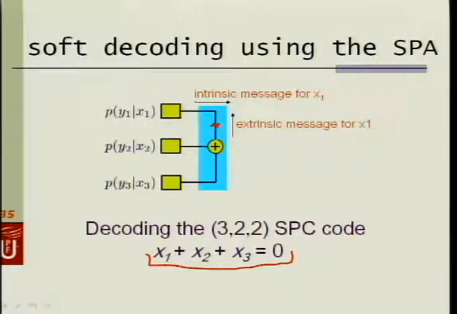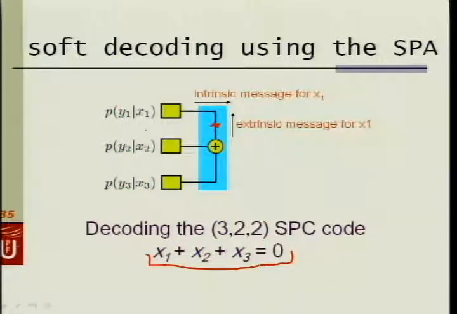So we have an intrinsic message coming from the observation of the corresponding output of the channel, and the extrinsic message comes from the combination of the structure of the code and the observation of the other components. This is the information that is provided about x1 by the observation of y2 and y3 and our knowledge of the code. This is why it is called extrinsic. Okay, so this is what we had to do.